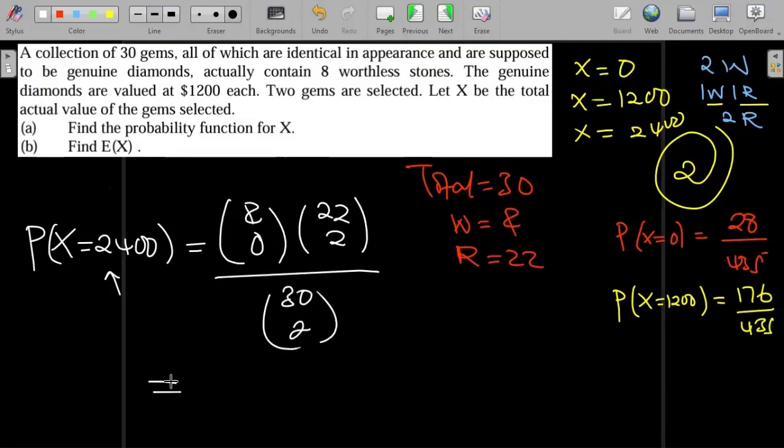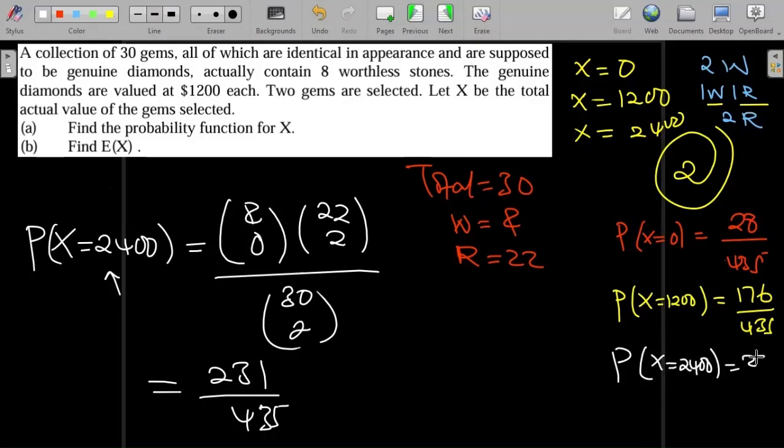So this is equal to 8 combine 0, which is simply 1, and then 22 combine 2, which gives me 231, divided by 435. So the probability that x is equal to 2400 is 231 divided by 435.